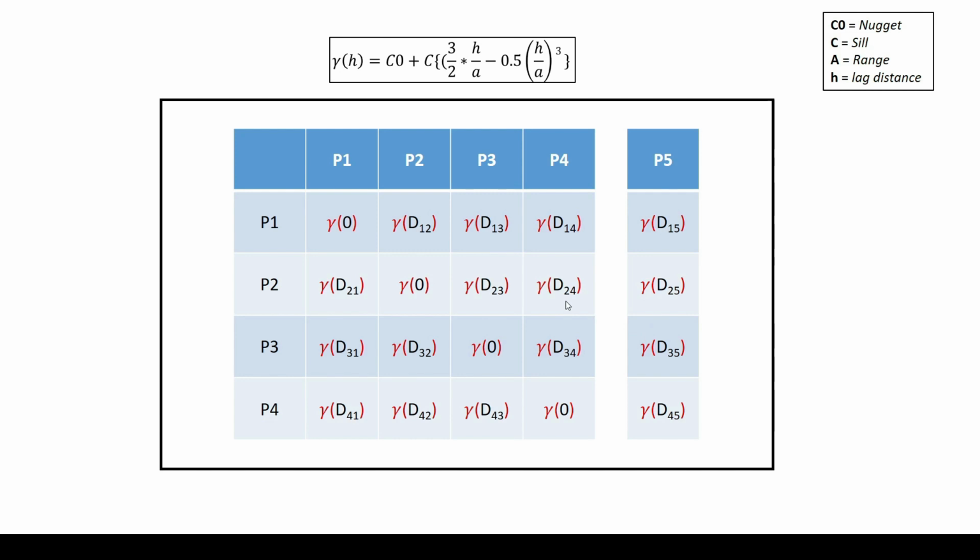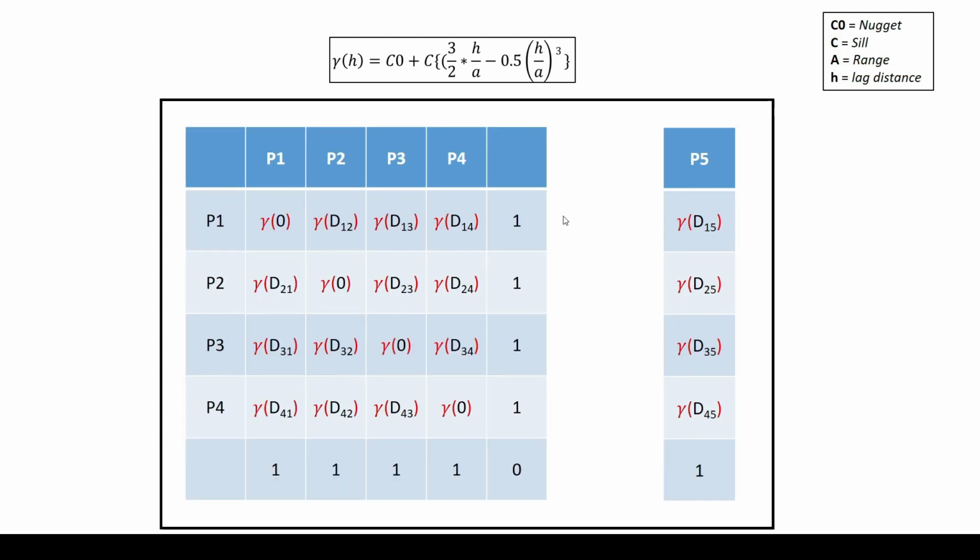Okay. The next step is to cover that part in which we said that in ordinary Kriging, the sum of the weights needs to be 1. To do that in matrix operations, we need to add a column of 1s in here, and a row of 1s here, and the sum is going to be 1 in the P5.